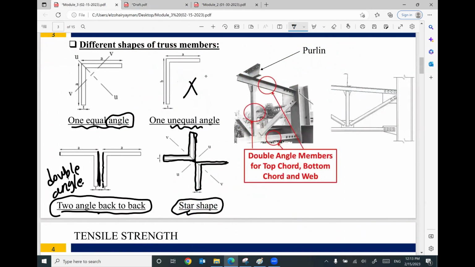The most common member in your truss, like this member, is one angle, equal leg, one angle. Sometimes we have two angles, like this one, back to back. So the most common members used in your truss will be single angle or double angle.